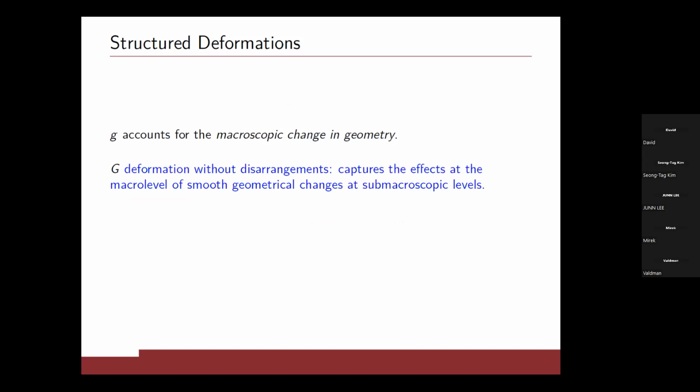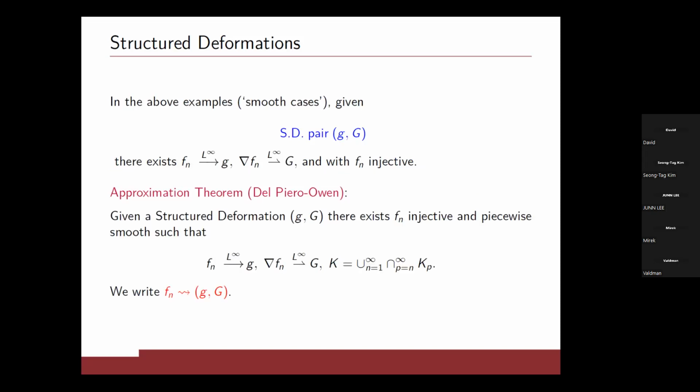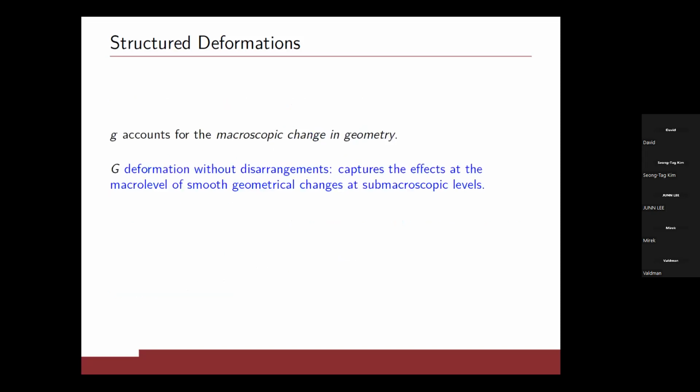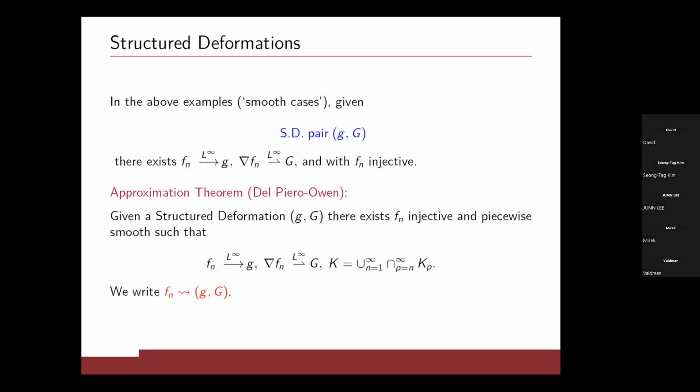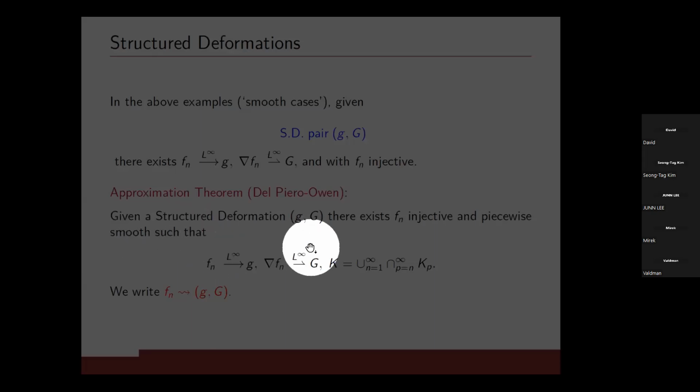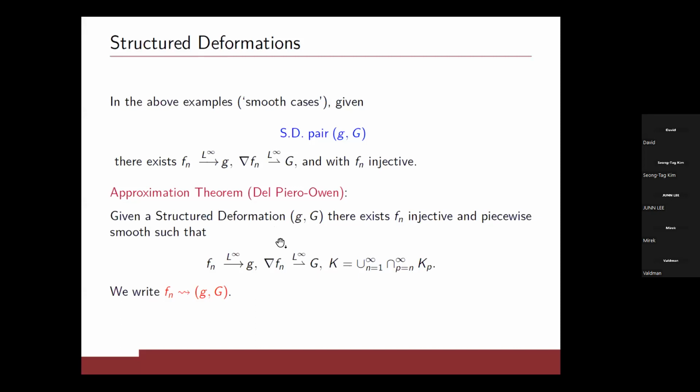Let me describe again a little bit better. What happens, as I said, is that capital G takes into account just the smooth changes at micro level, while the field g takes into account the entire deformation happening at micro level.